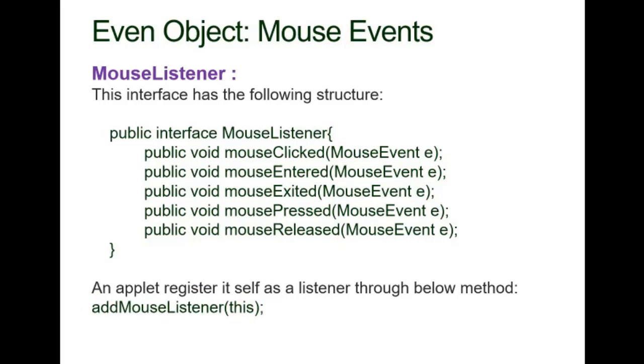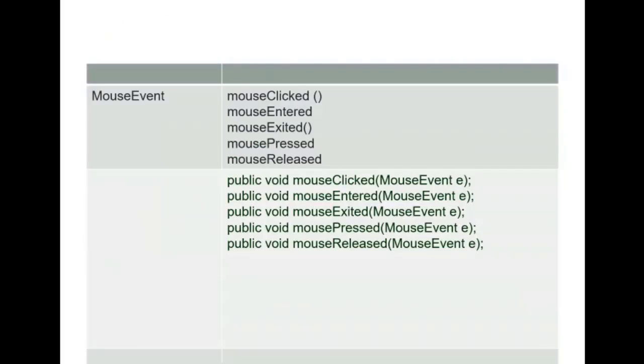Next, for the mouse event, these are the methods: mouseClicked, mouseEntered, mouseExited, mousePressed, mouseReleased. Look at here, public void mouseClicked, call the object of MouseEvent, then mouseEntered, mouseExited, mousePressed, and mouseReleased.